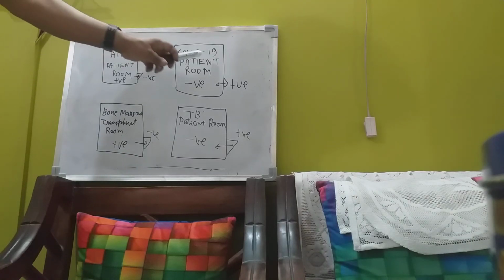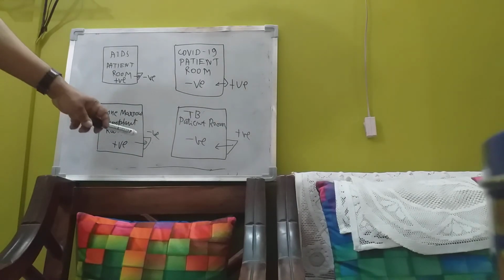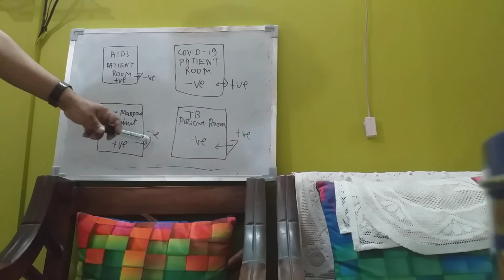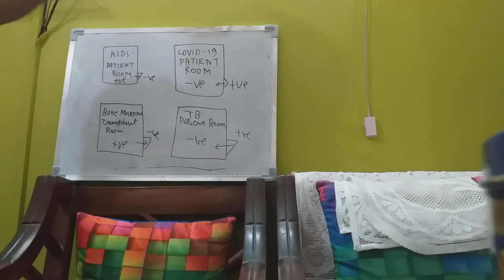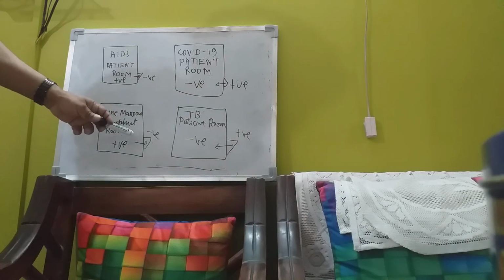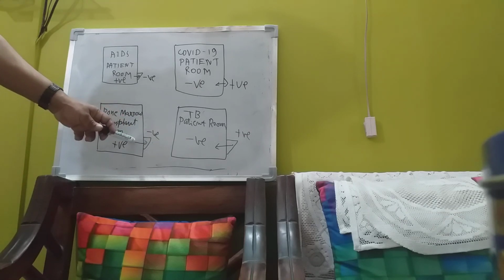In hospitals, you are maintaining these pressures. When you enter a room of positive pressure, say an AIDS patient's room or a bone marrow transplant room, when you enter through the door, you will get a gush of air hitting you. You may feel it is just air conditioned air. It is not because of that. It is because this is a positive pressure, this is a negative pressure. That is delta P, positive air.